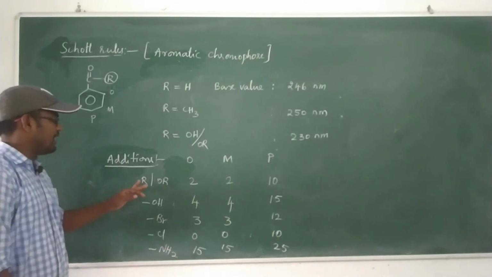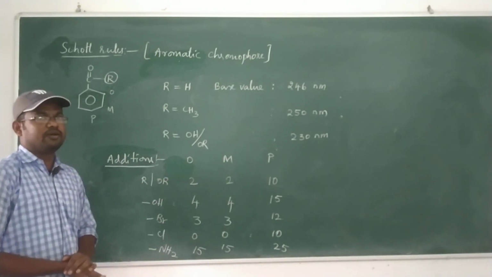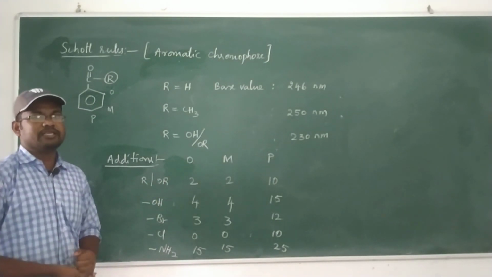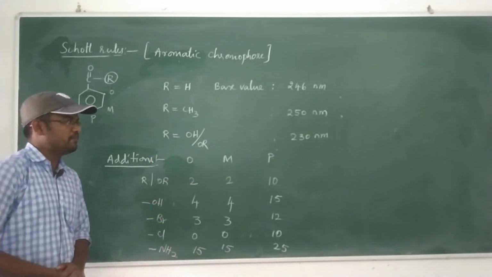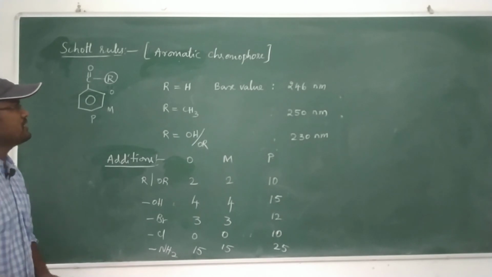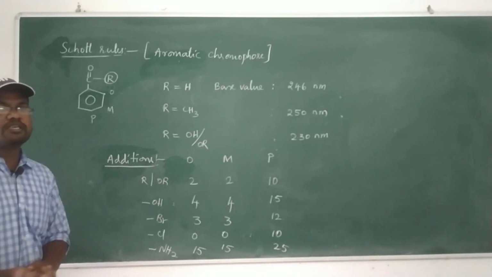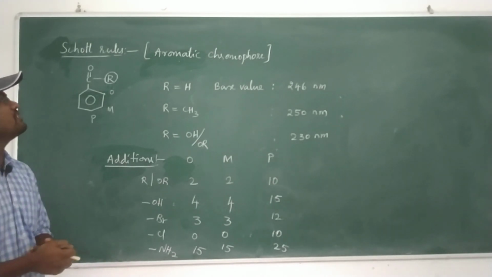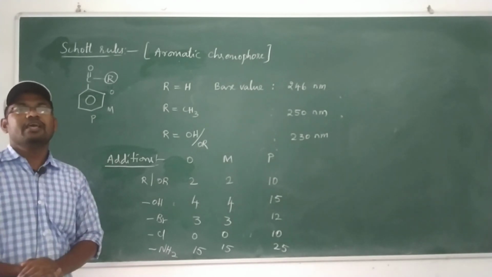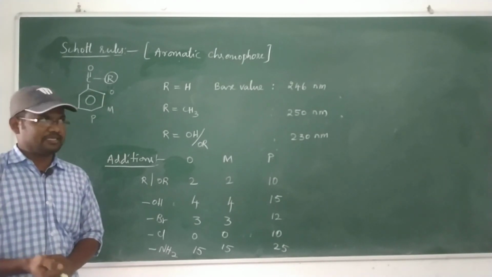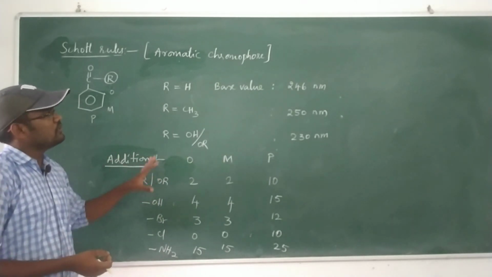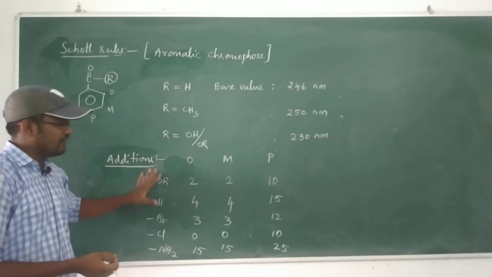For alkyl or alkoxy at the ortho position we take a plus 2 nanometer addition, meta position plus 2 nanometers, and para position plus 10 nanometers. These are Scott rules. Scott rules are useful for calculating lambda max values of aromatic chromophores like aromatic aldehydes or ketones, aromatic acids, and aromatic esters. So these are base values and these are additions.